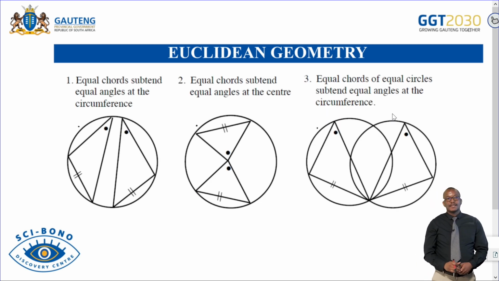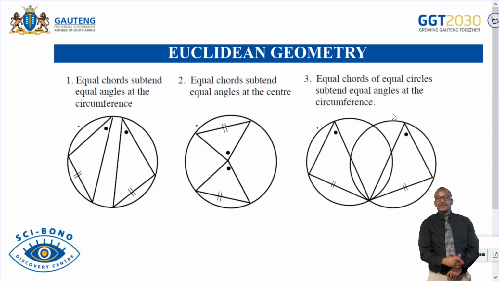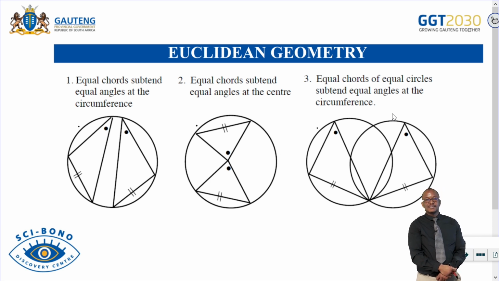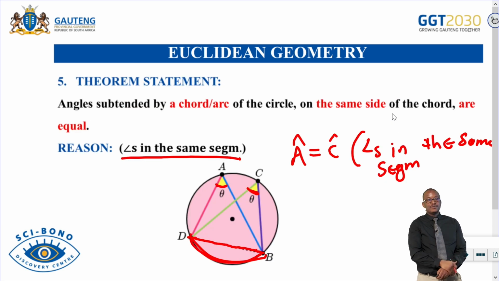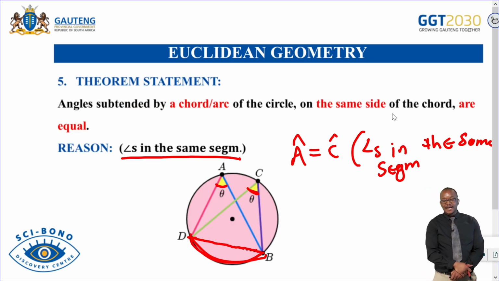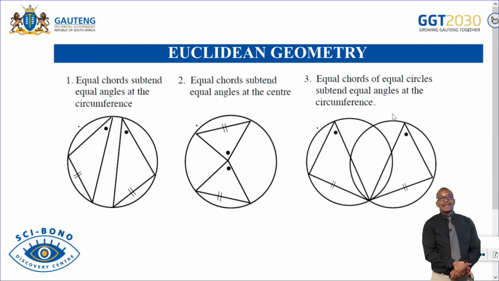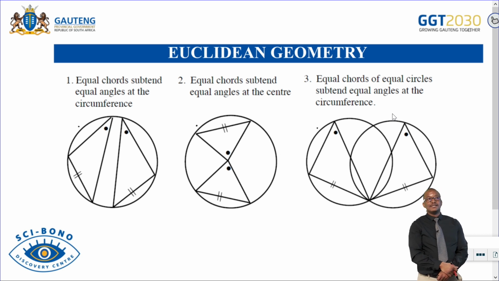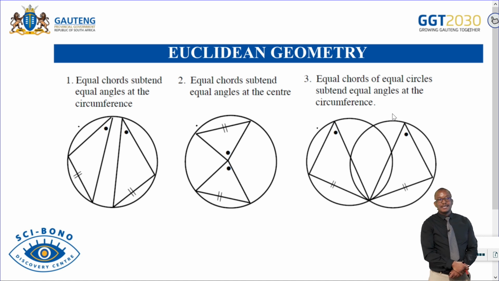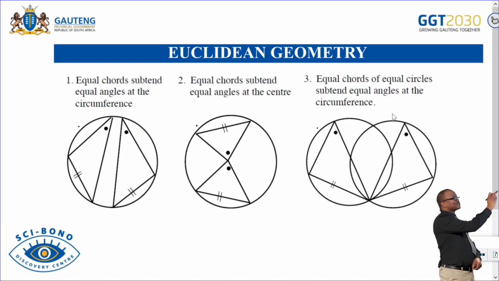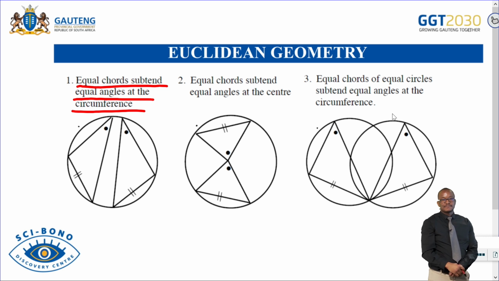Okay. Now, we have other conditions of the very same theorem. Remember, here we said angles subtended by an arc or a chord are the same. Correct? Now, we still have 3 conditions of the very same theorem. The first one says equal chords subtend equal angles at the circumference.